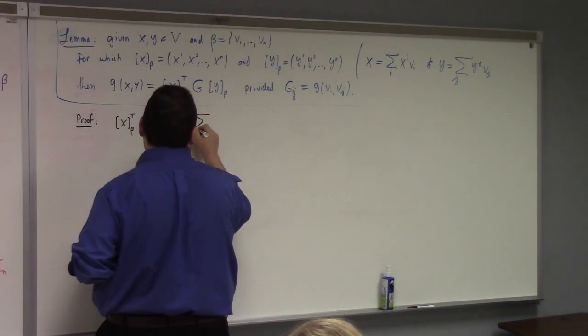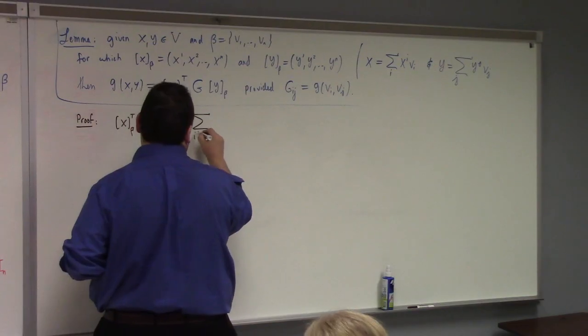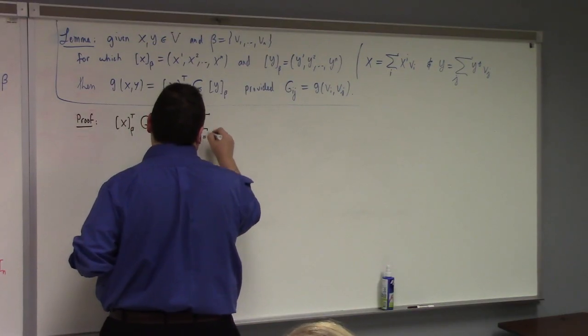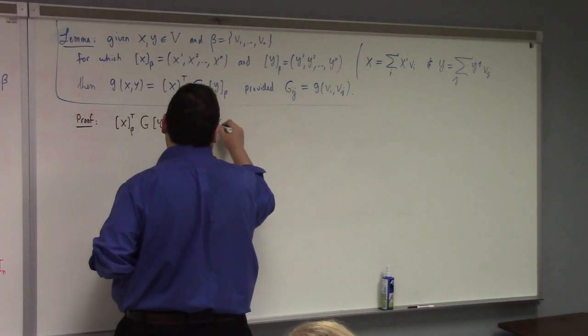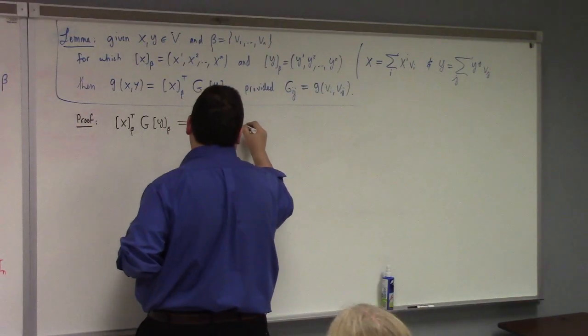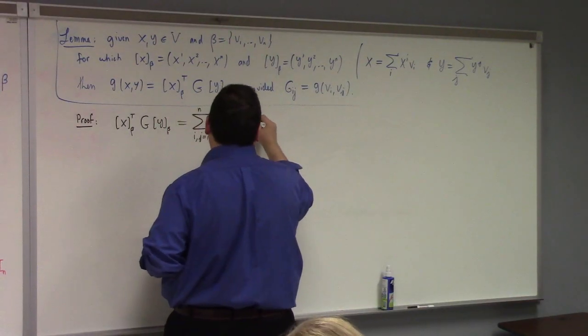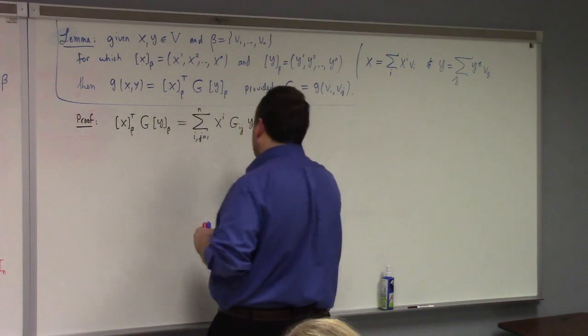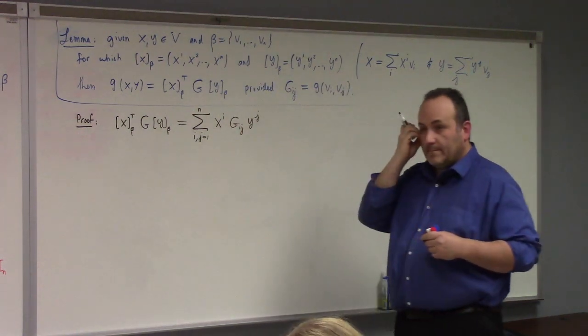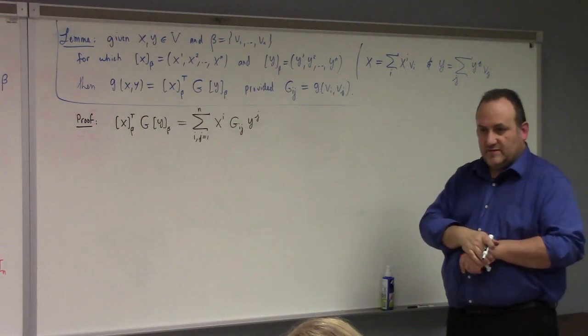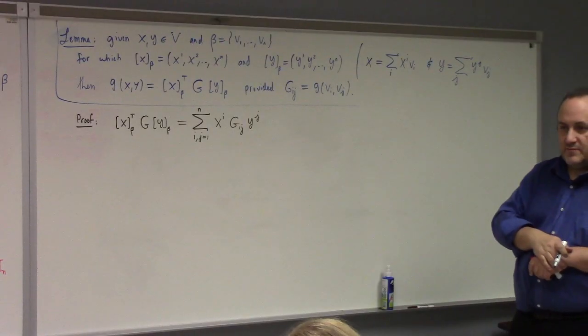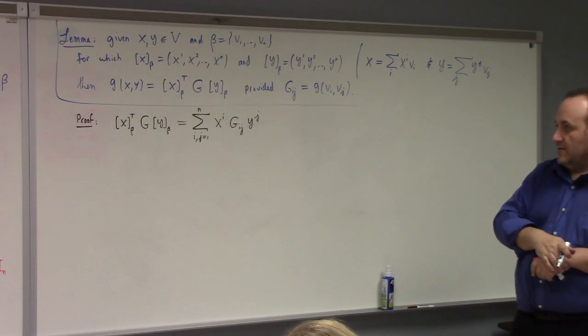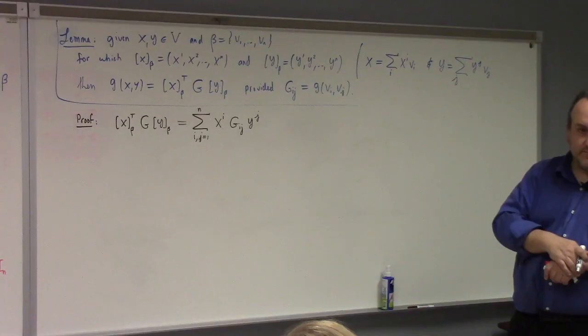In terms of like Math 221, that's the sum, i and j equals 1 to n, of x upper i, G lower ij, y upper j. Because it's a row matrix column product, and that's, in our current notation, what we have.